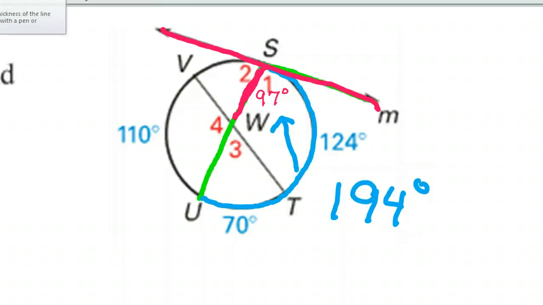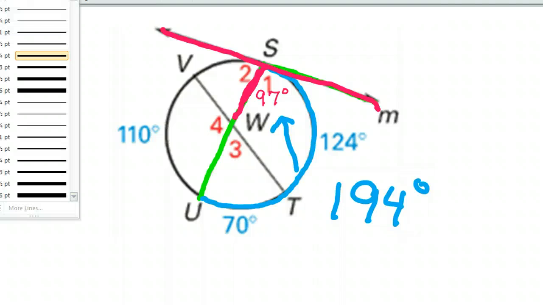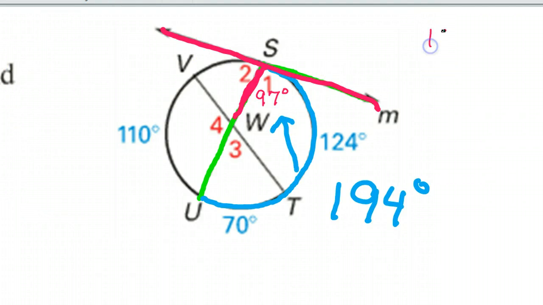And you'll notice this comes up over and over again. So let's do that. If I do 180 degrees minus 97, that should give me the measure of angle 2.